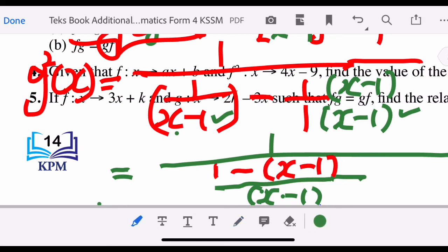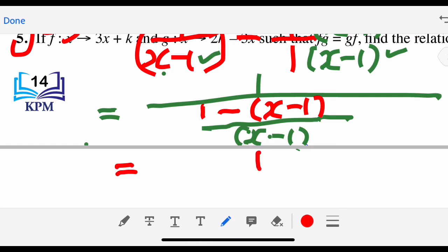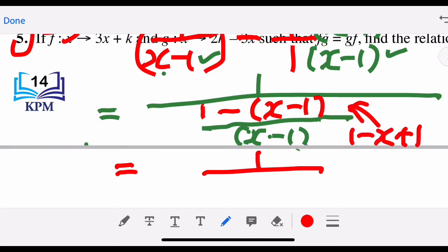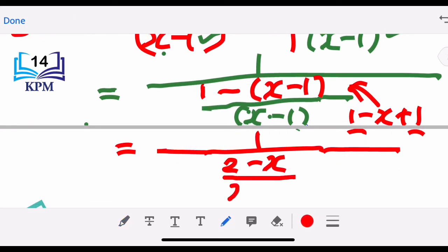If you open up, it becomes 1 minus x, and then plus 1, so it becomes 2 minus x. I can write it like this: 1 over 1 minus x plus 1. So 1 and 1 become 2. So you have 2 minus x over the denominator still x minus 1.